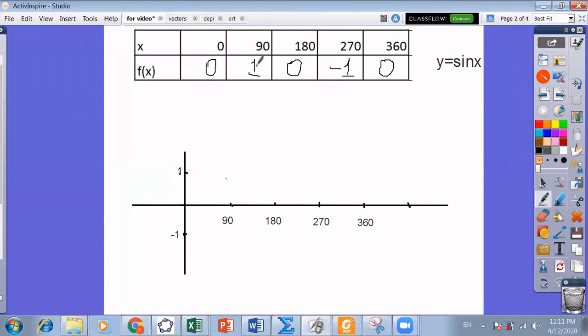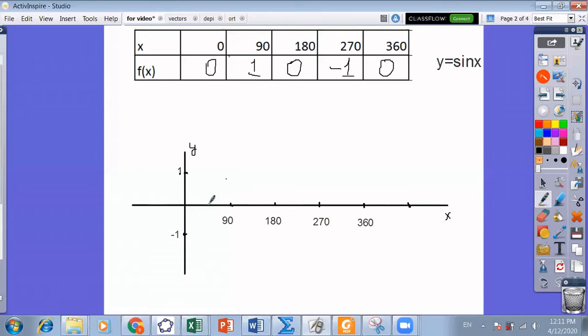Now let's put some points on our xy coordinate system. This is our y, this is our x coordinate. I want to tell you that, as you see, the maximum of a sine function is 1, and the minimum is -1. So I've put here 1 and -1 on the y-axis.